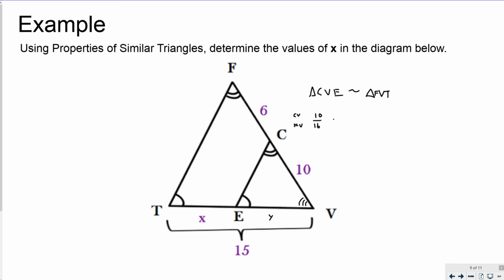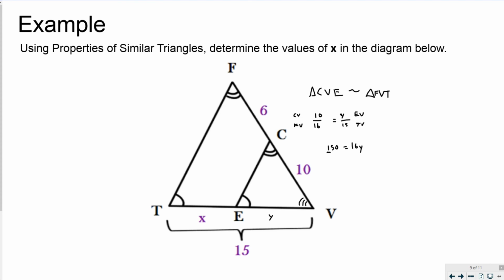So now that has to be equal to, we're going to use side TV down here, 15. So TV from the bigger triangle is equal to side Y here. We don't know. Missing side EV of the small triangle. So I have enough to cross multiply and solve. So 10 times 15 is 150 equals 16y.